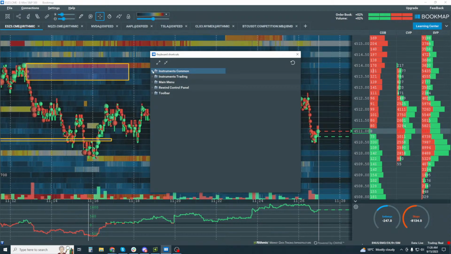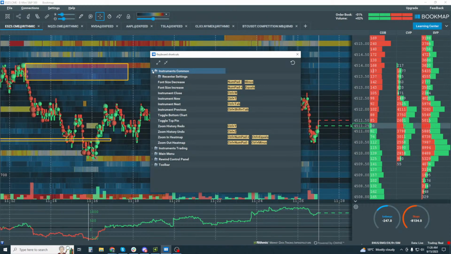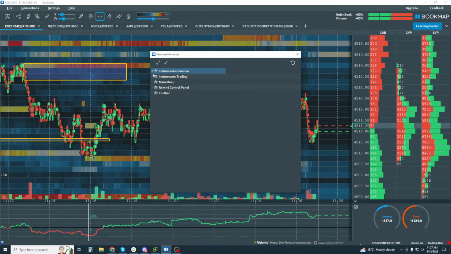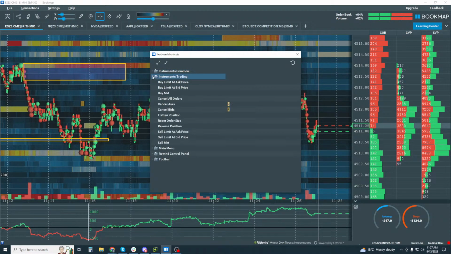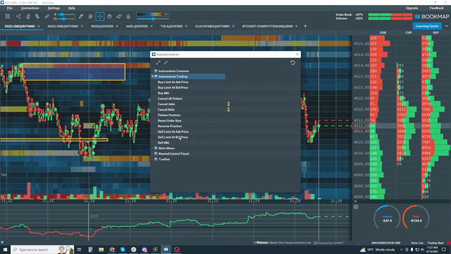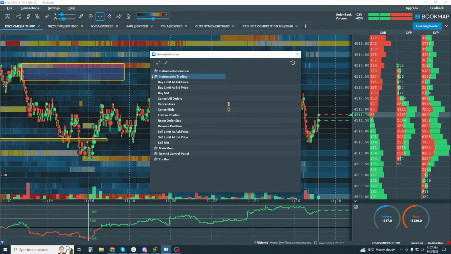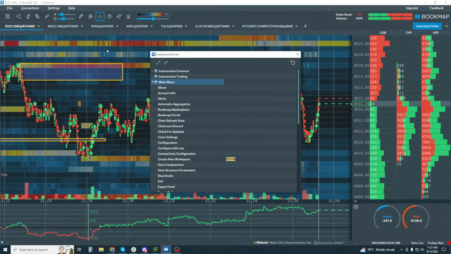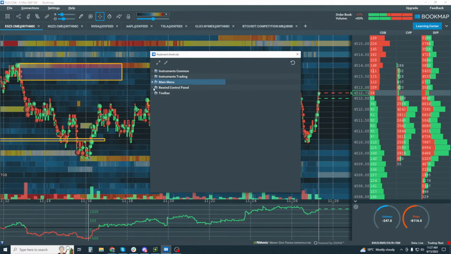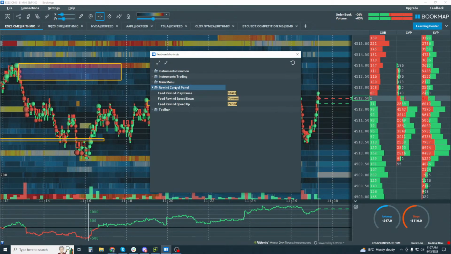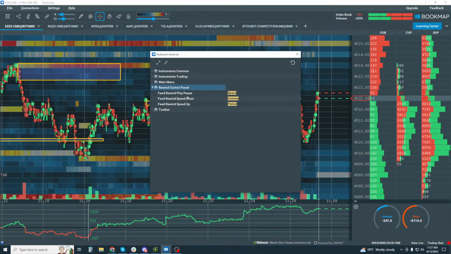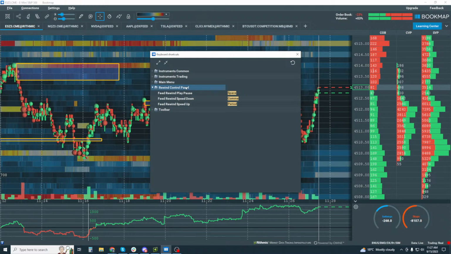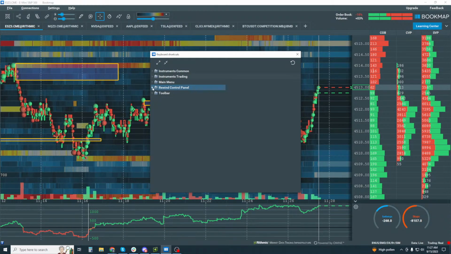This is for your instruments, and you can see font, zooming, etc. Instrument trading in here, so you can also have your key commands very quickly in here for your orders. You have your main menu bars in here. You also have your playback for rewind and slowing, and this is for your replay mode.